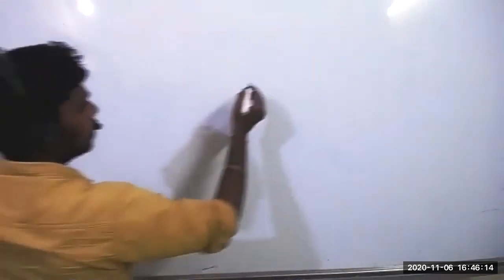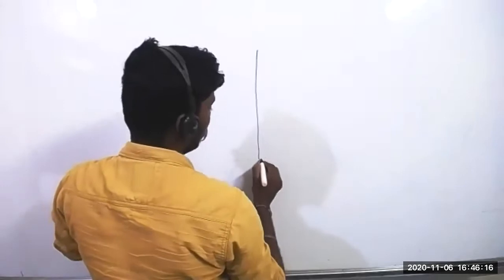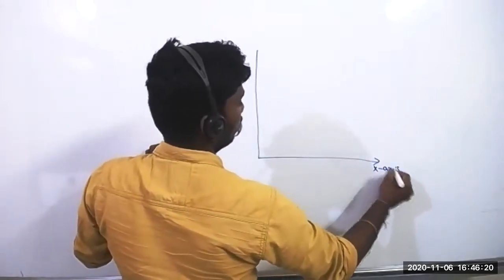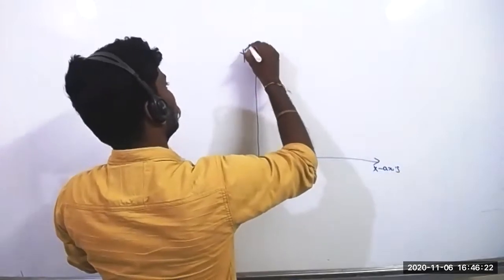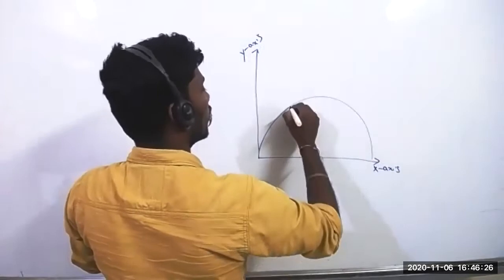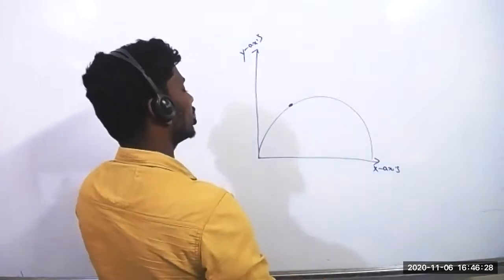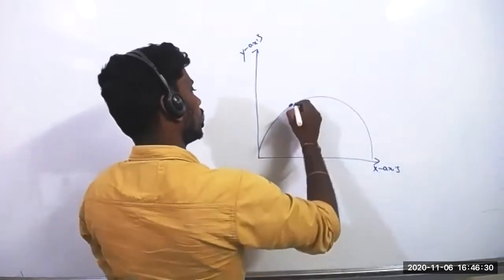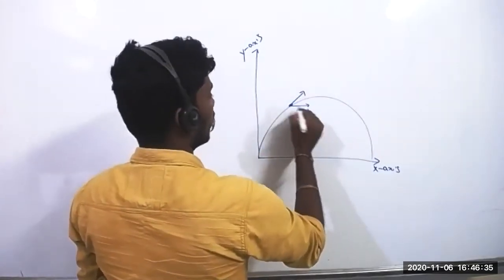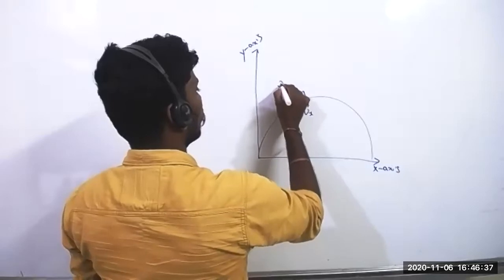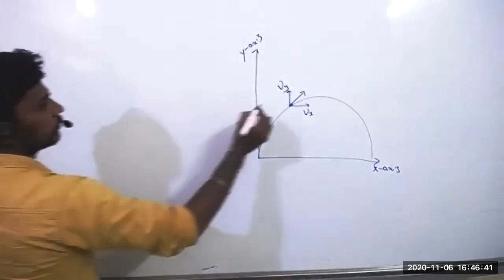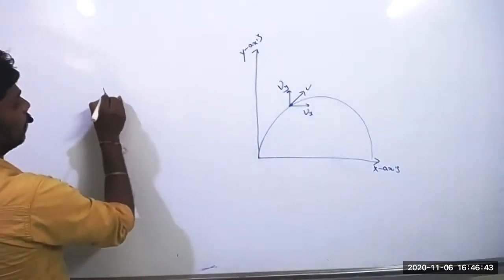Now look at this diagram we have discussed: x-axis, y-axis, parabola path. At this point, after t seconds, it is v. In this direction it is vx, in this direction it is vy. So how much did you get for vx? u cos theta.